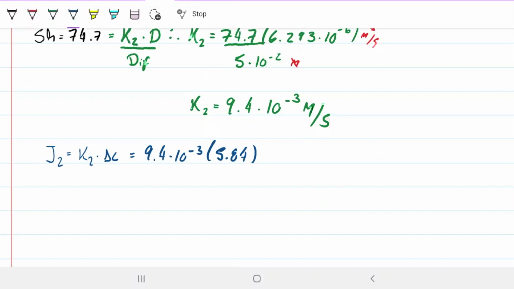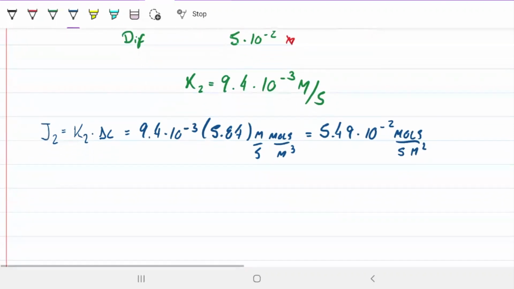Okay, I'll have meters per second, moles per meters cubed. So my J2 equals 5.49 times 10 to the minus 2 moles per second meter squared.